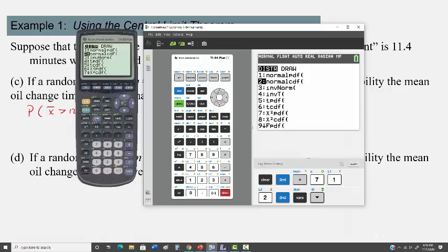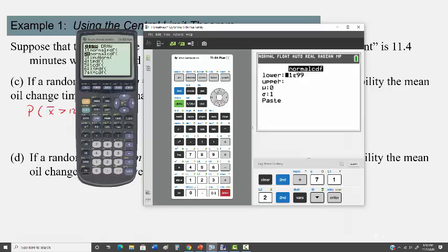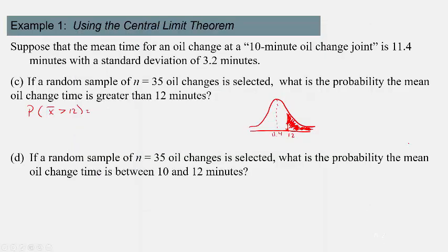So over here, what you see, you have a lower, an upper, a mean, and a standard deviation are the commands you have to put in. All right, so you start with the lower value. Well, the lower value here is 12 because it's a right-tailed test. The upper, because it's a right-tailed test, you're going to put 9999.